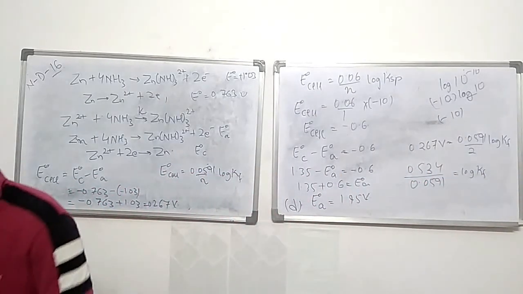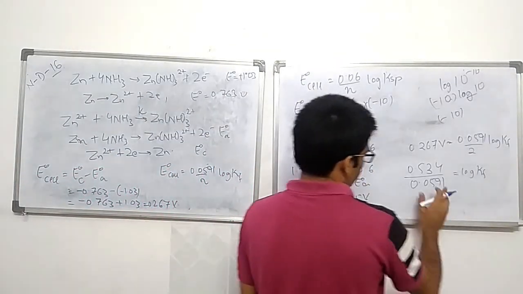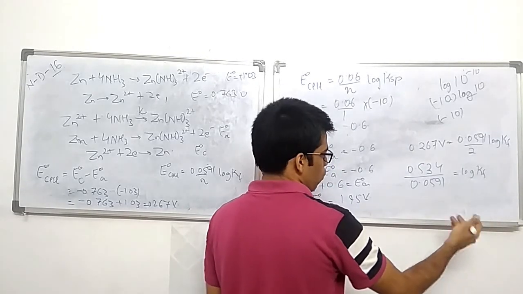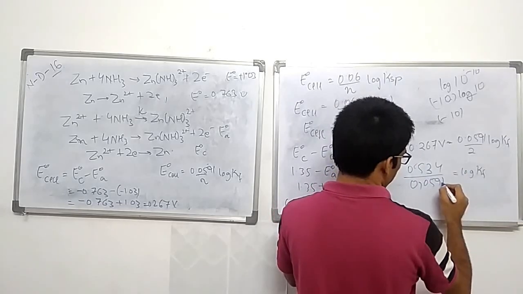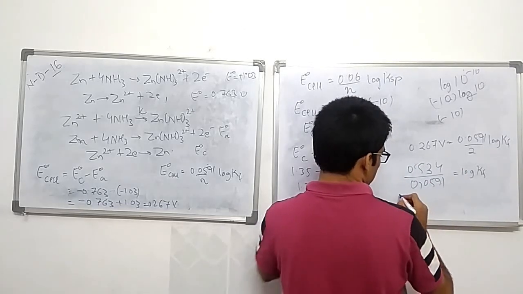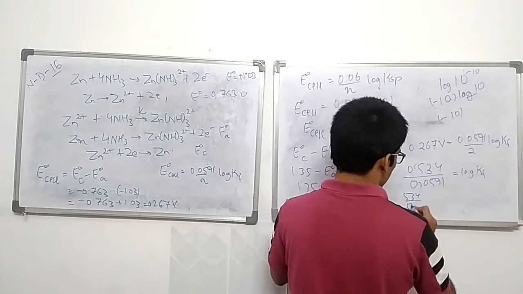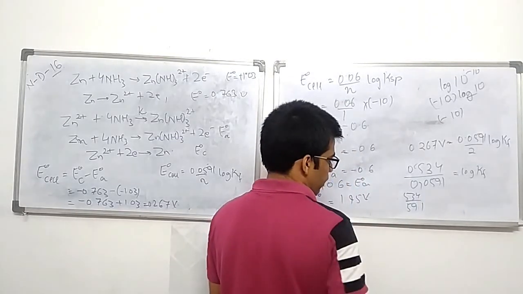So okay, we have to solve it completely. 0.059 into 10 times, so let us remove the points. We are left with 0.534 by 59.1. 10 times of this will give me 590.